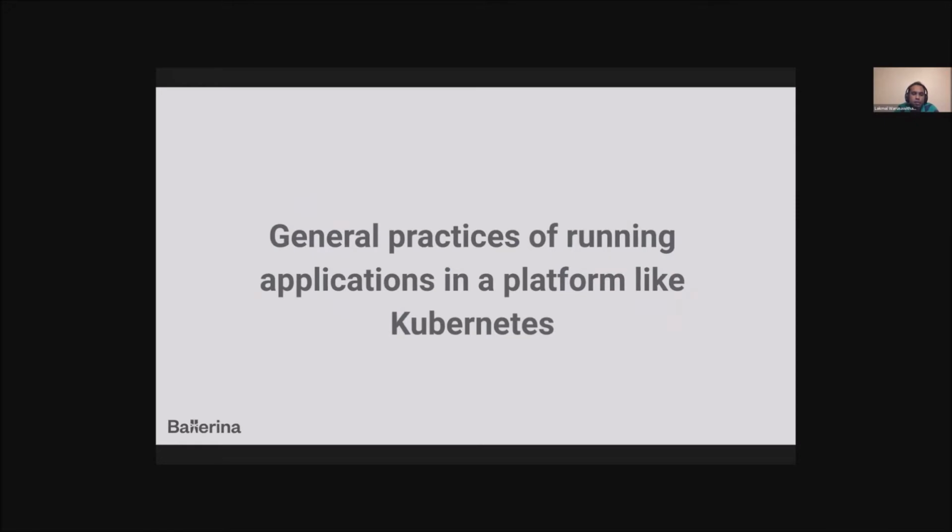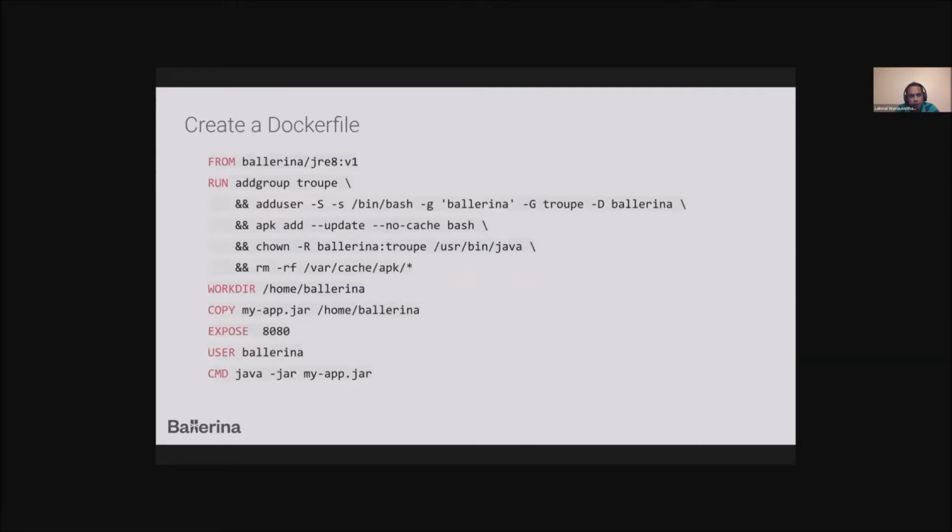So let's look at the general practice of running an application in a platform like Kubernetes. First of all, like I said, we need to create a Docker image or container image. To create a Docker image, we can start with creating a Dockerfile.